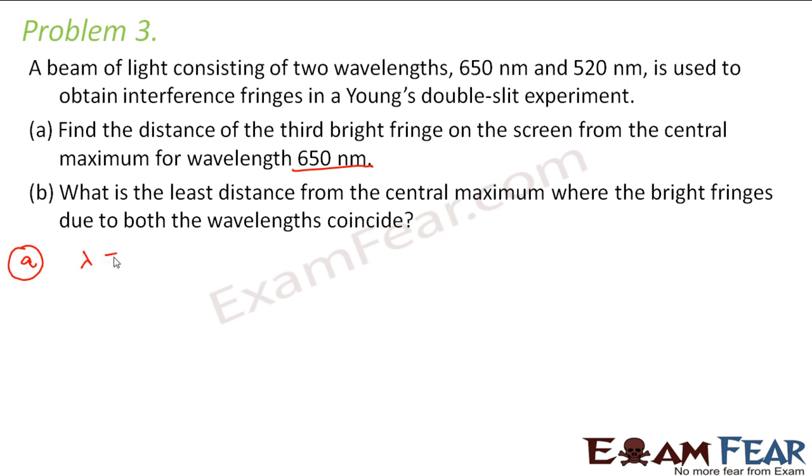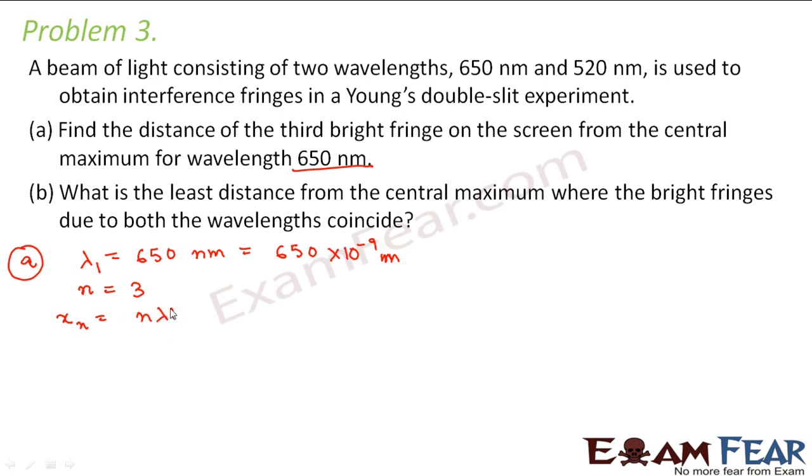So first let us look at the first part. It says lambda is equal to 650 nanometers, which is 650 into 10 to the power minus 9 meters. Let me call it lambda 1. We have to calculate the distance of third bright fringe. That means n is equal to 3.